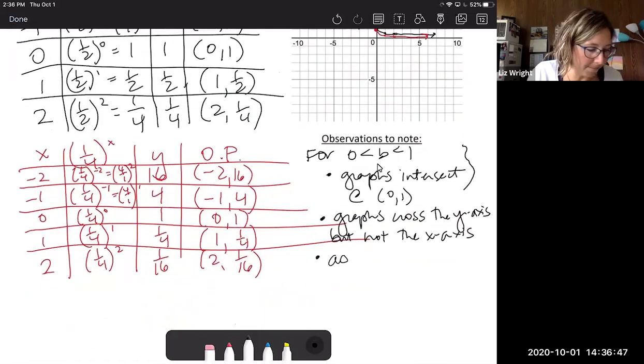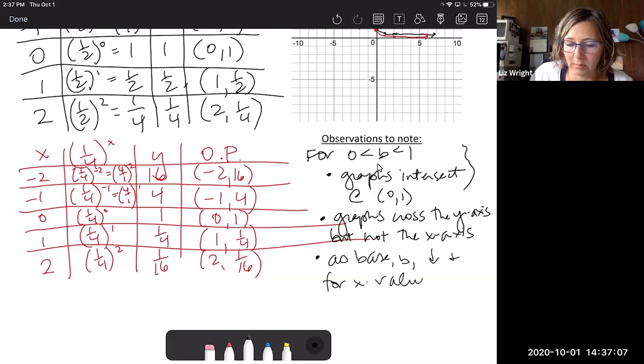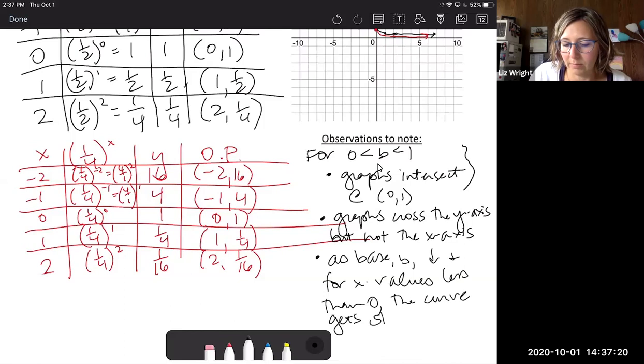As our base B decreases, so again, that means going from the black one to the red one, as it's decreasing, and for x values less than 0, the curve gets steeper and closer to the y-axis.